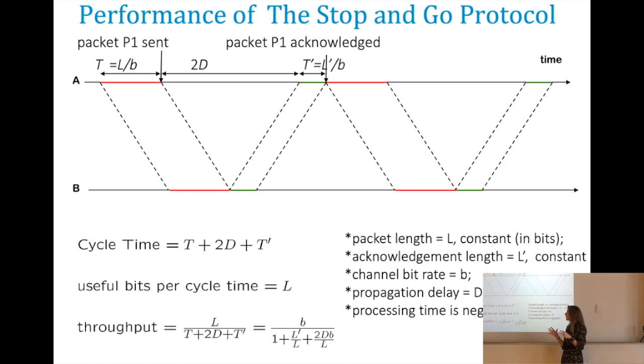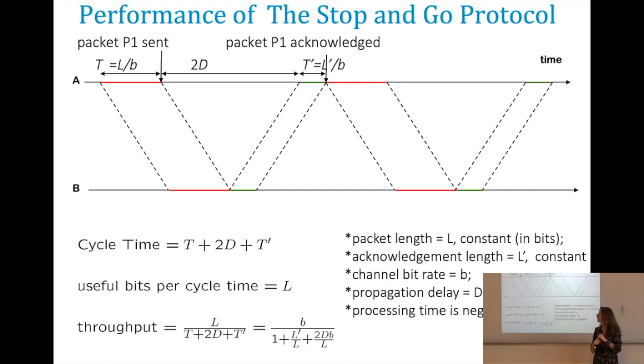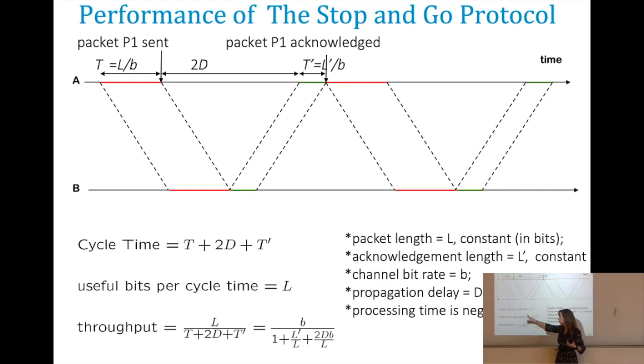So if we aggregate all of this together, the whole cycle time is T, the transmission time of the first packet, plus 2D, the round trip time, plus T prime, the time it took to transmit the acknowledgement. And in all of this time, the useful bits that were sent is only capital L. So the throughput would be capital L, these useful bits, divided by the whole cycle time that it took.